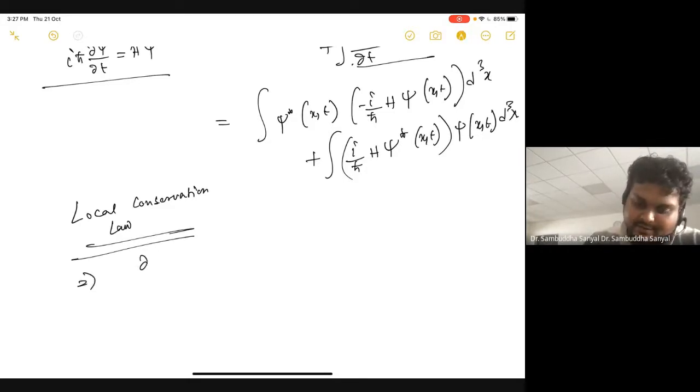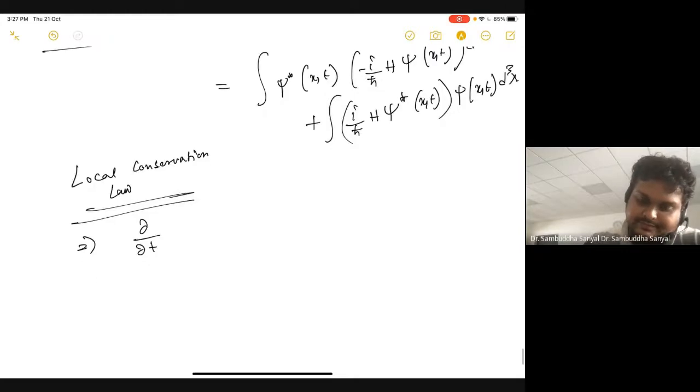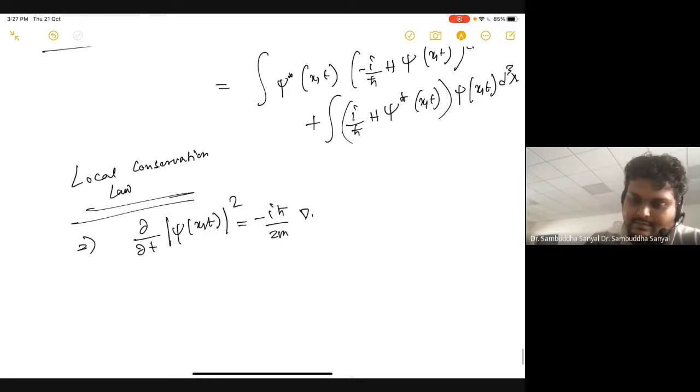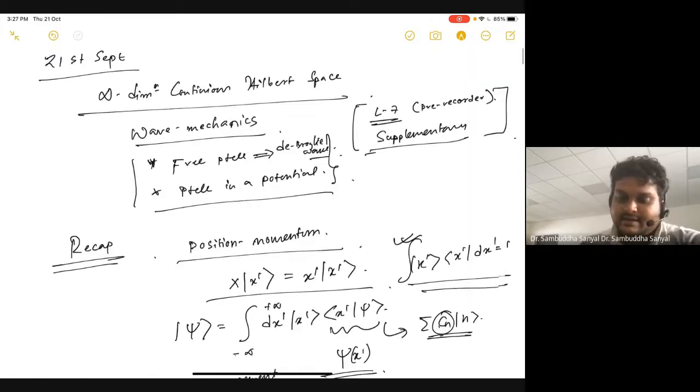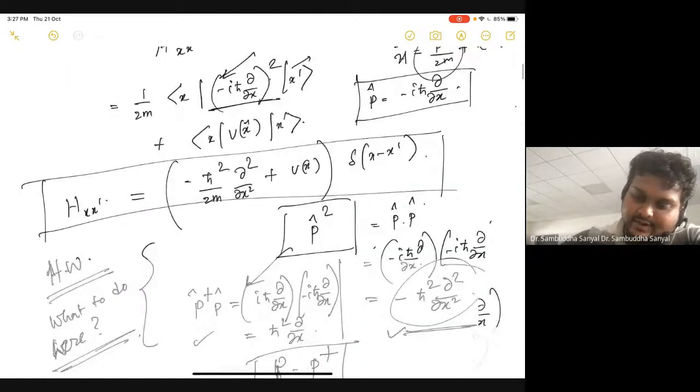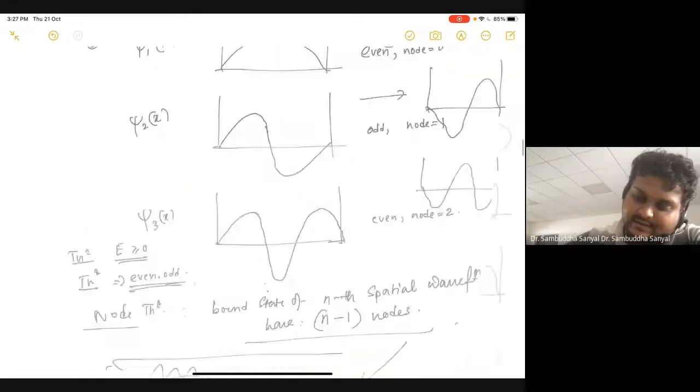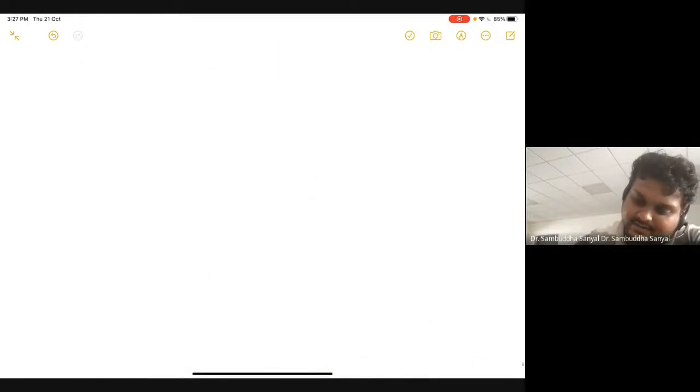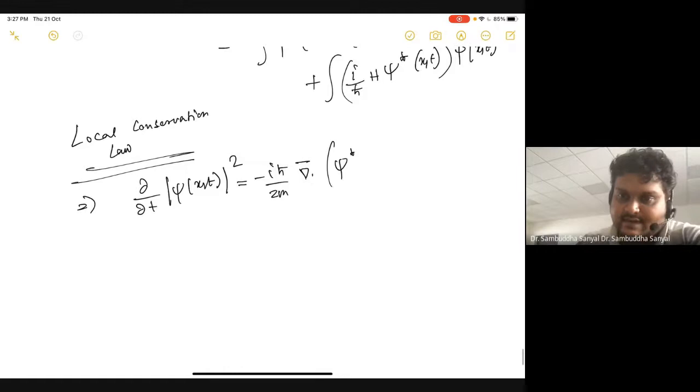So we'll see in a moment. I'm just writing this thing. Oops, I went to the end. This is a long page. I should make a PDF and give it to you. Psi star(x,t).